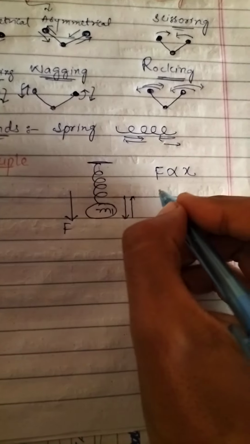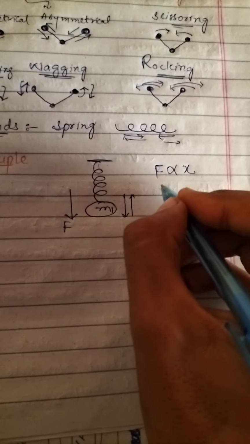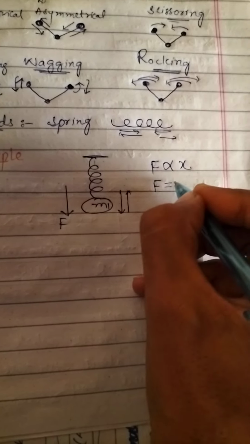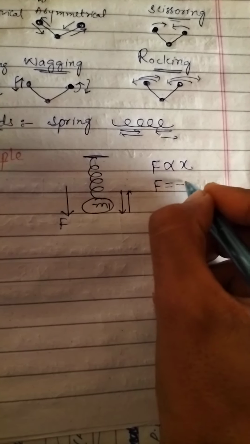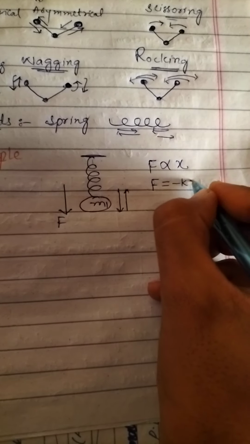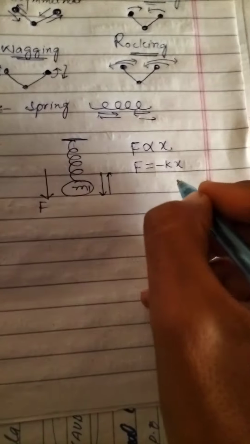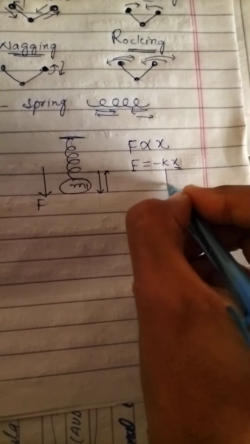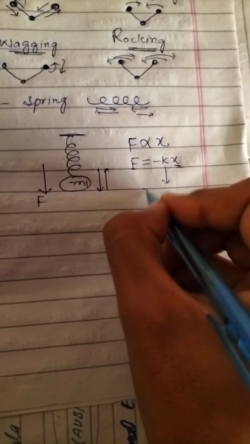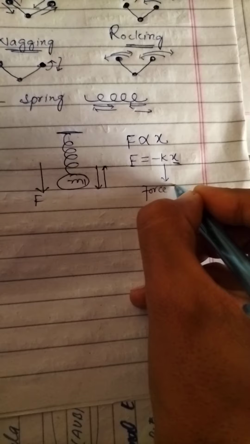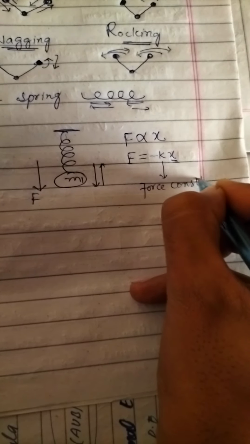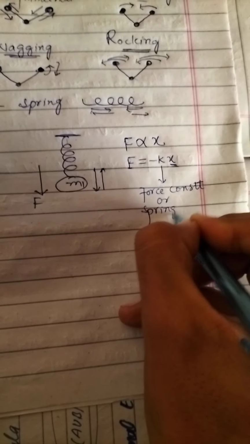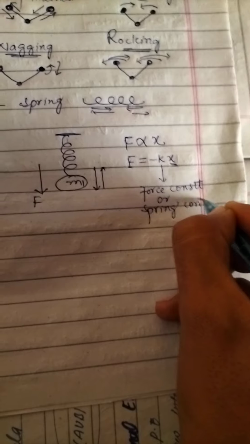Now if we apply a constant k, it comes to F = -kx. Here x is the displacement, F is the force, and k is the force constant, or the spring constant.